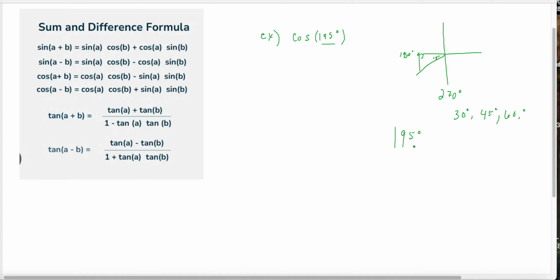Since we have a 5 here, I'm thinking that 45 is going to be part of this. So what I tend to do is subtract 45 from 195 and see what we get.